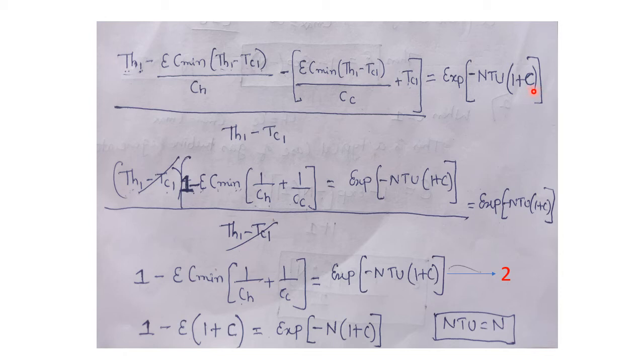Directly I have written C minimum divided by C maximum as C. So this is the value of TH2 and this is the value of TC2.